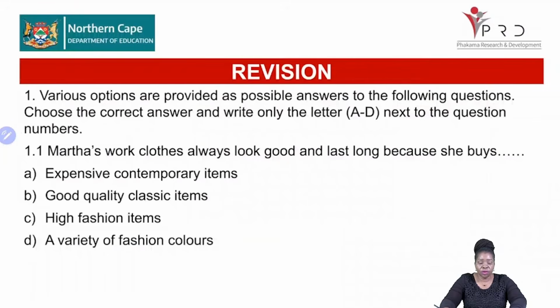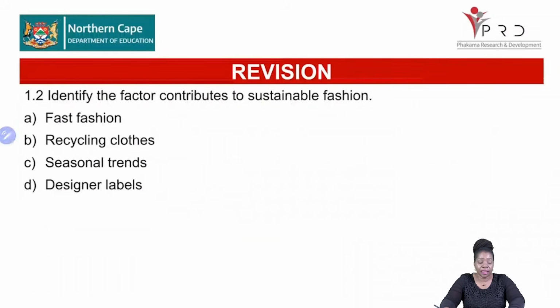Question 1.2 says identify the factor that contributes to sustainable fashion. A, fast fashion, B, recycling clothes, C, seasonal trends, and D, designer labels. Let's answer question 1.2, then we can move on.